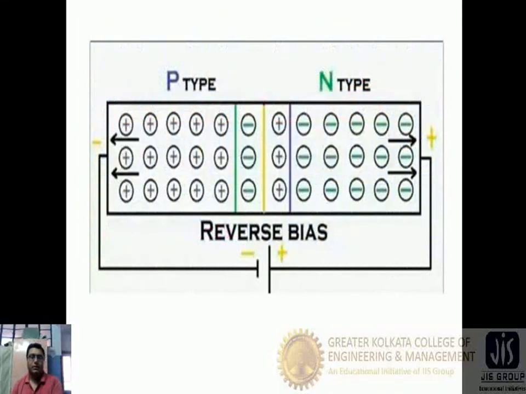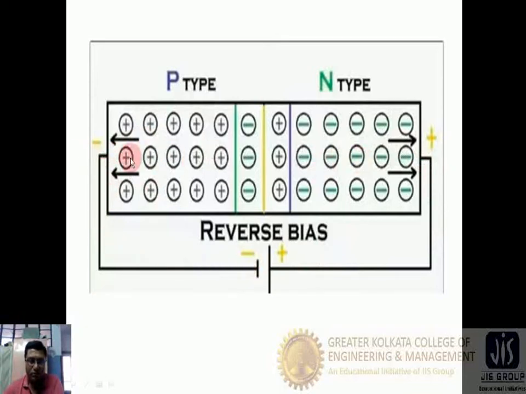So let's take an example of reverse bias. It is the diagram of a reverse bias where the N terminal is connected to the positive terminal of the battery and the P-type semiconductor is connected to the negative terminal of the battery. Here we can see there is a pull on both sides. The electrons are pulled towards the positive terminal of the battery and the holes are pulled towards the negative side of the battery.